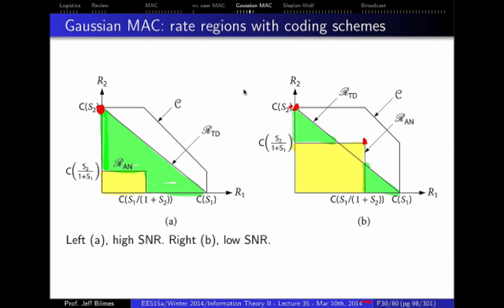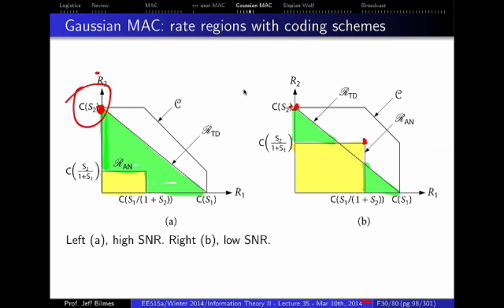On the receiver side, we just subtract it out, since it becomes a constant. We could send 0, in which case we don't even have to subtract it out. And we just do coding between sender 2 and Y. When we do that, we get this point here. We saw this is just C of S2, the signal power. The limit on the rate at which we can communicate depends on the power of X2, sender 2.